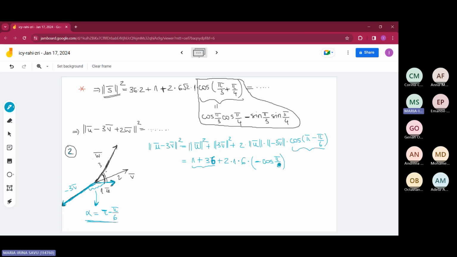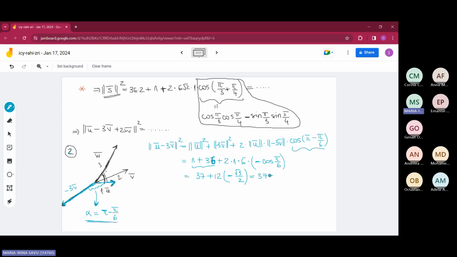So this is minus cosine of pi over 6. And you get here 37 plus 12 times minus cosine of 30 degrees, which is square root of 3 over 2.